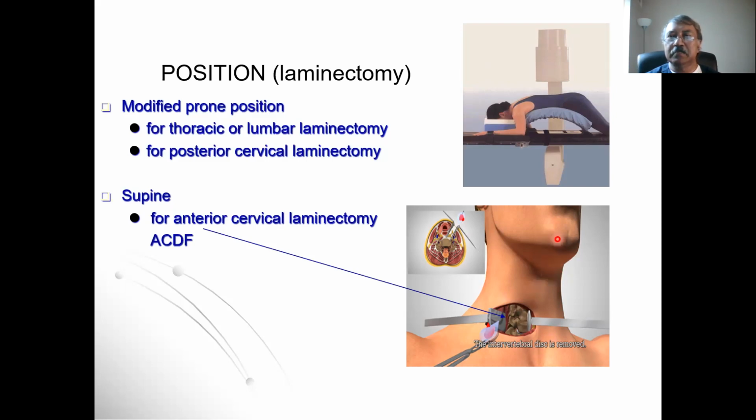The head is turned away from the surgical side a little bit, and a retractor is exposing the cervical vertebra. They do anterior cervical laminectomy, anterior cervical discectomy with fusion, ACDF. All of these procedures can be done.